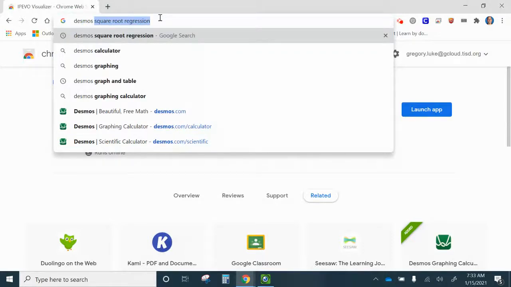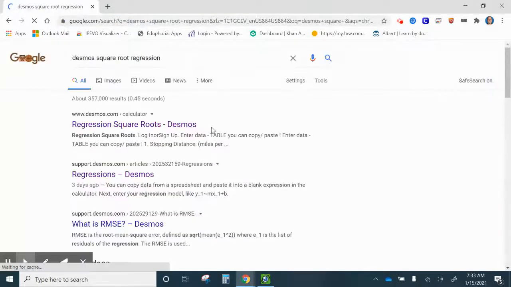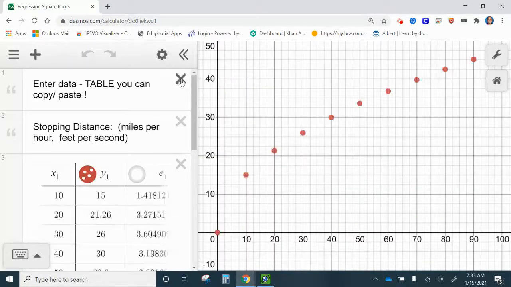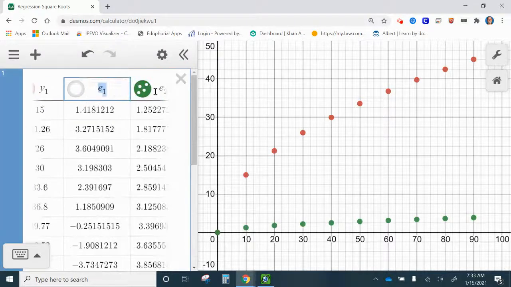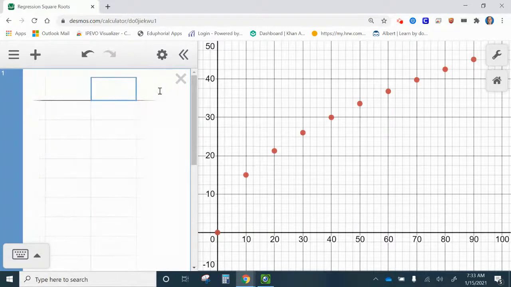So we're going to go to Desmos, square root regression. We're going to click right here. We don't want this. We don't want this. We're going to go to the third column, press backspace and delete that. We're going to go to this column, backspace and delete that.